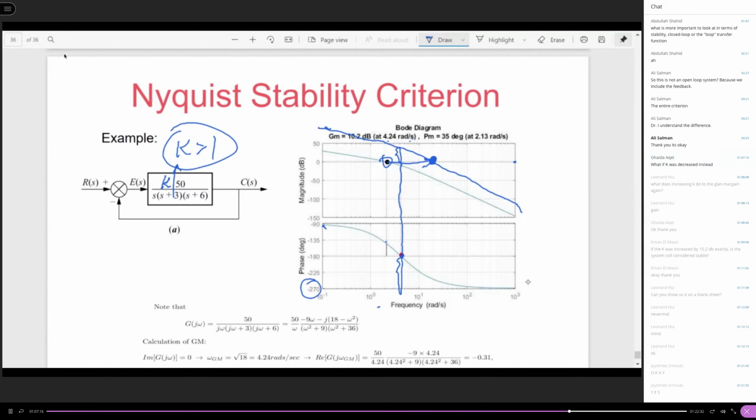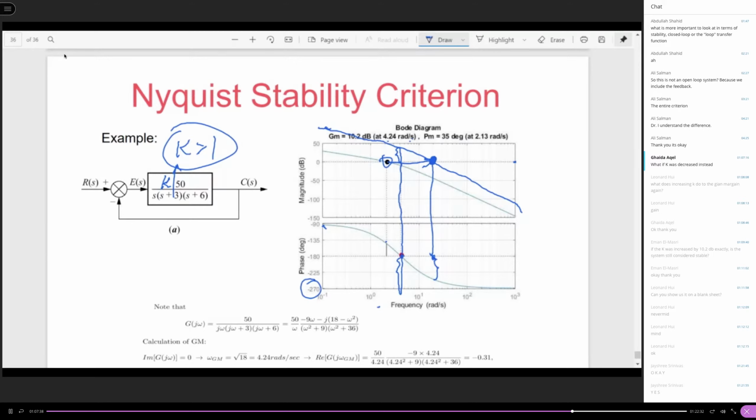But the phase plot does not change, right? So if you push this point to the right and calculate, your phase margin now becomes negative.